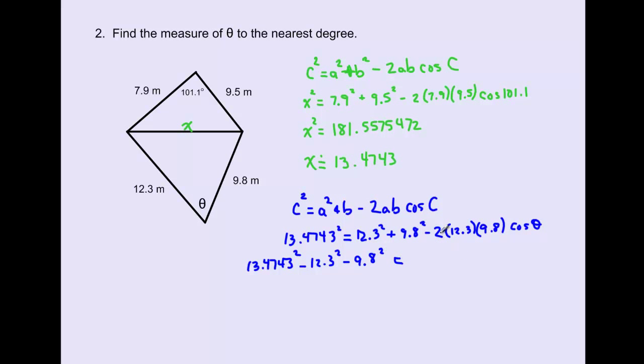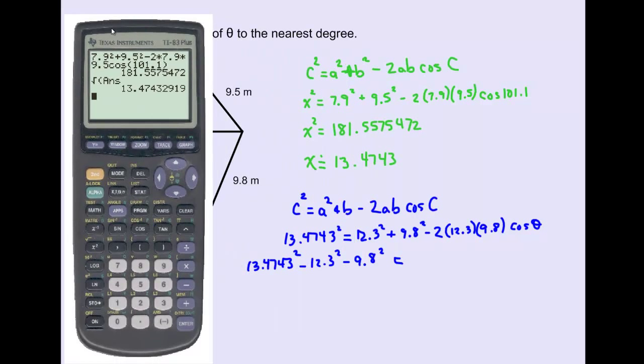And so I'm left with this 2 times 12.3 times 9.8 times cos theta. One thing we can do right now is just multiply to see what those equal. So 2 times 12.3 times 9.8. So negative 241.08, because it was subtracting. So negative 241.08 cos theta.